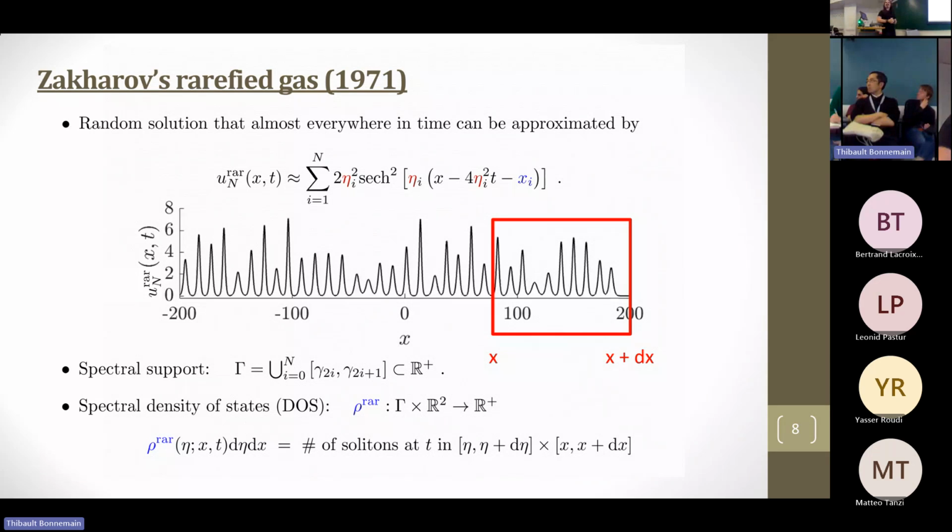Yeah. So also what you keep is the edges of the lamps. Yes. So here, the spectral support is the support from which the etas can take values. Right.